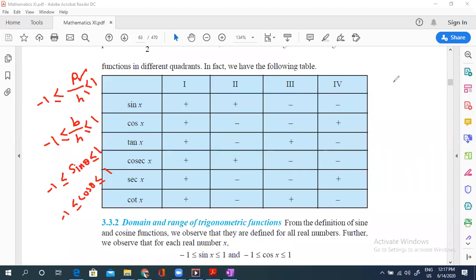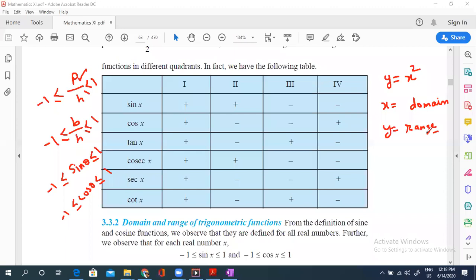Okay, so if I'm having y is equal to x squared, then the value of x is called the domain, right? The value of the independent variable is called the domain, and the value of y is called the range.